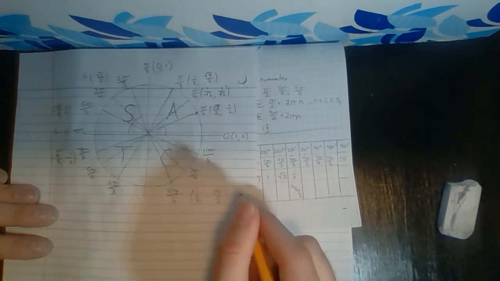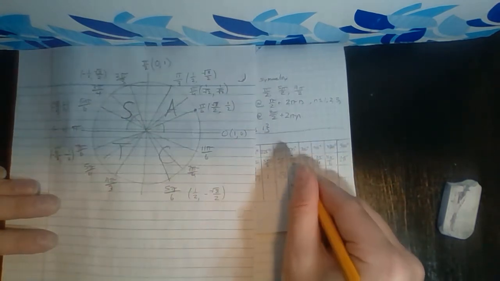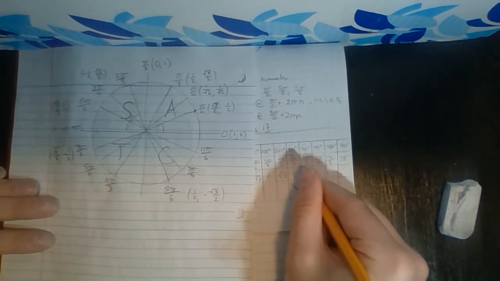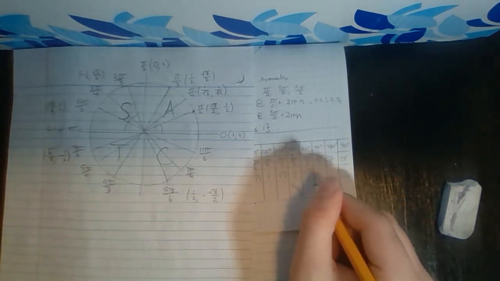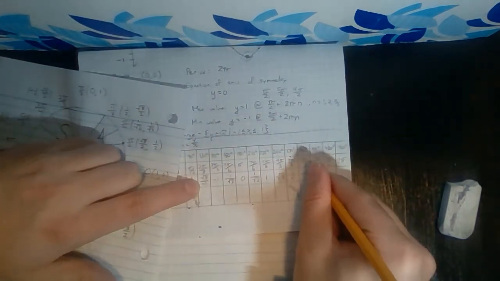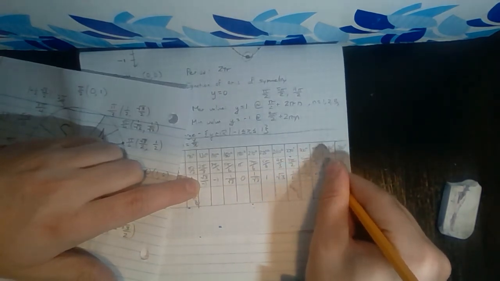Negative root 3 over 2 divided by 1/2. Same as negative root 3 times 2. So just negative root 3. And we can see we're getting back to the same pattern from before if we go through that.